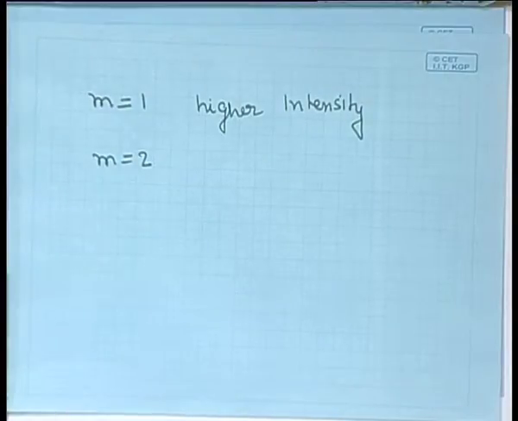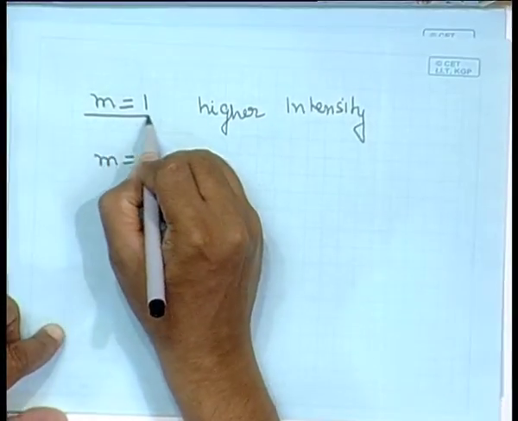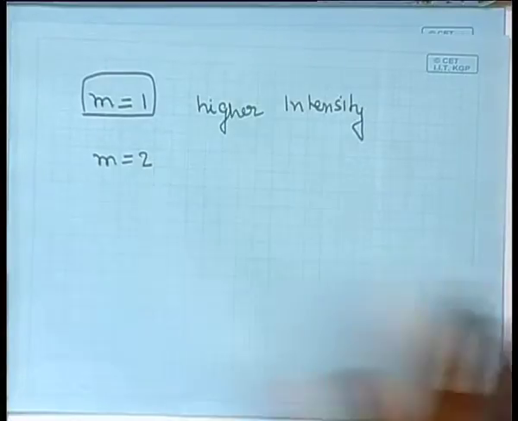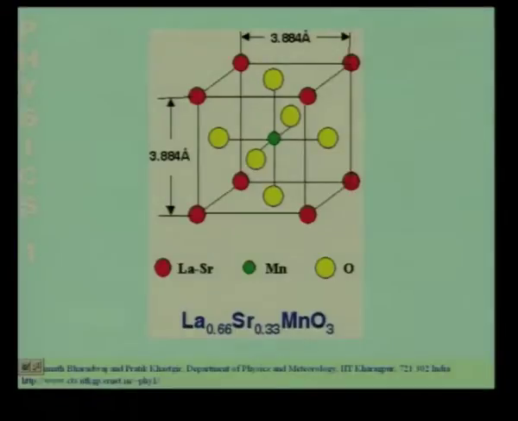So typically, when you interpret an X-ray diffraction pattern, you can interpret the bright lines as being m equal to 1, which is what we are going to do here.